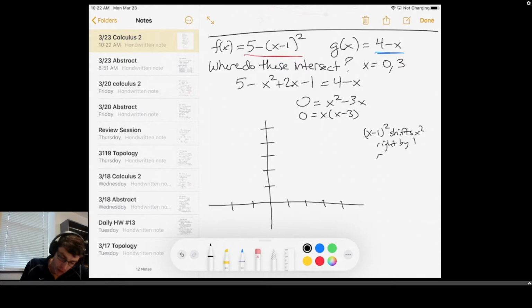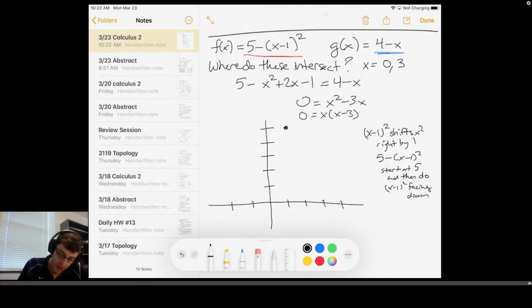And then you have 5 minus this, so start at 5 and do x minus 1 squared facing down. So basically we know we're at the point 1, 5, and then we want to face down.